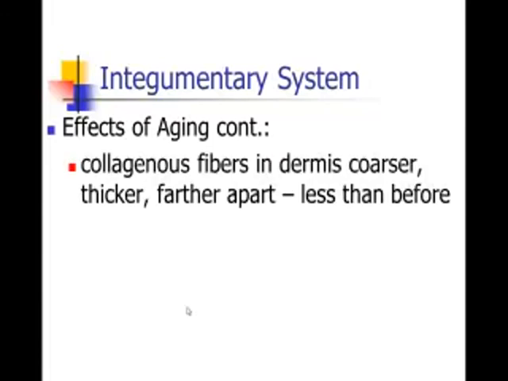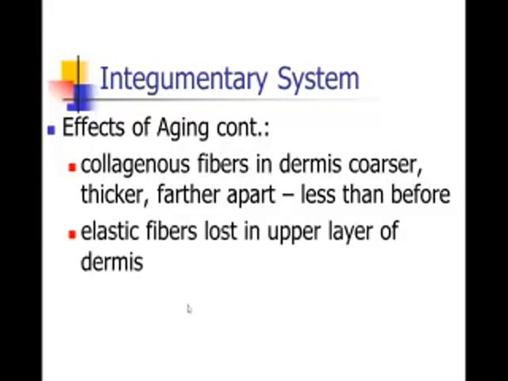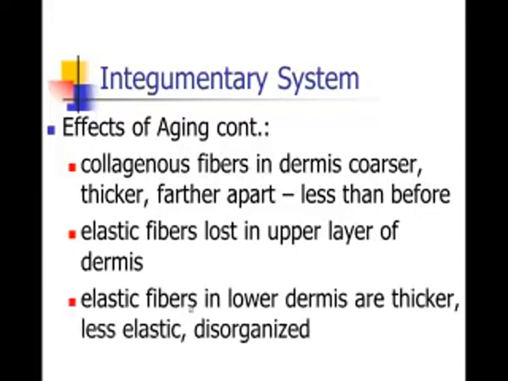The dermis has collagenous fibers. They become coarser, thicker, and further apart, and there are fewer of them. The elastic fibers are lost, so the skin is not as well associated and resistant to stretch. And the elastic fibers, rather, can be thicker and disorganized and less elastic.